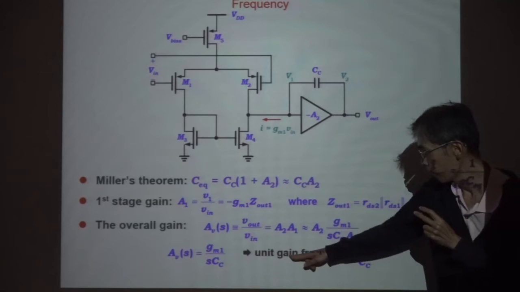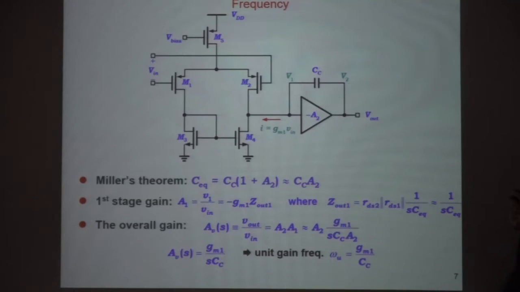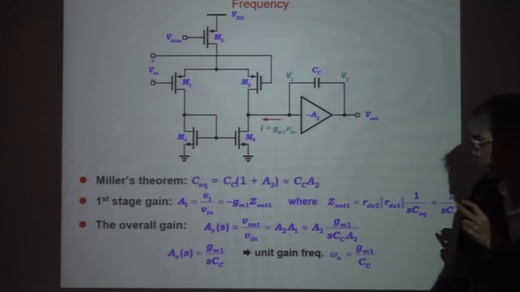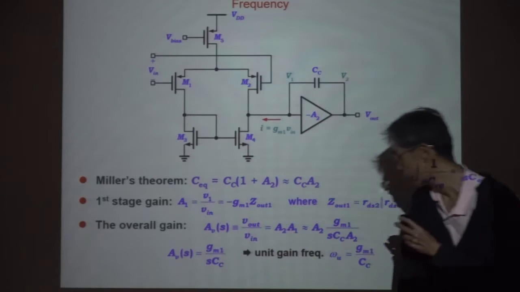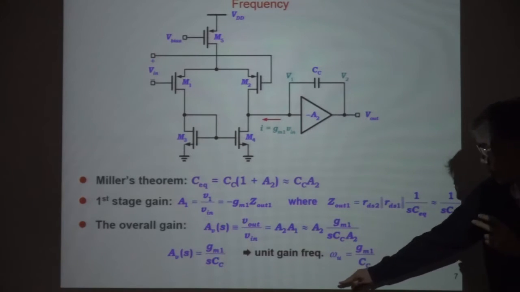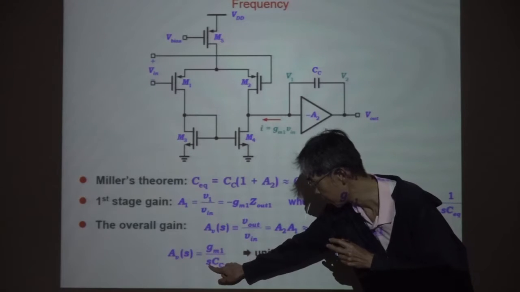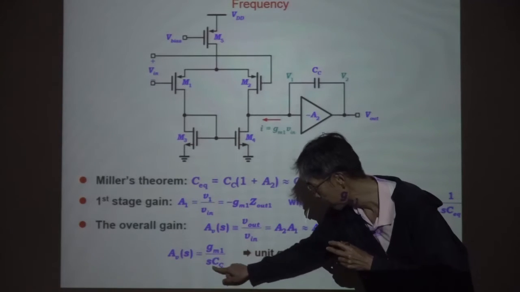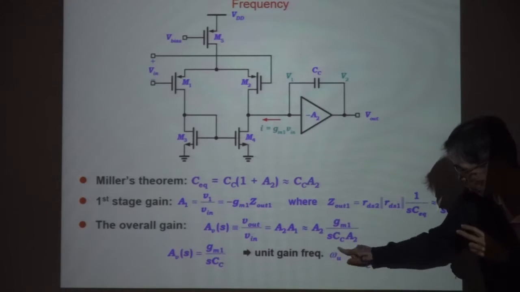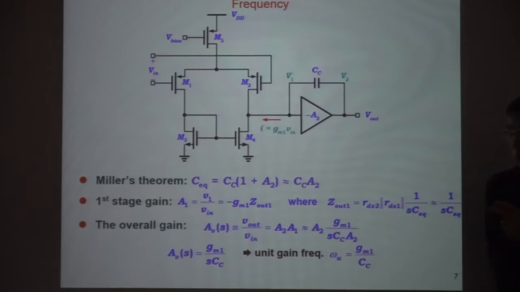And the unit gain frequency: if the gain equals 1, then we can calculate the unit gain frequency. See, if this is equal to 1, S equals j omega. So this equals 1. So you can calculate omega, the unit gain frequency.